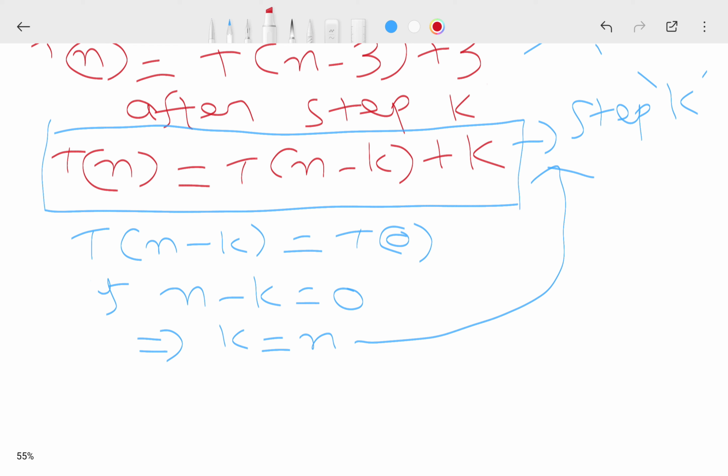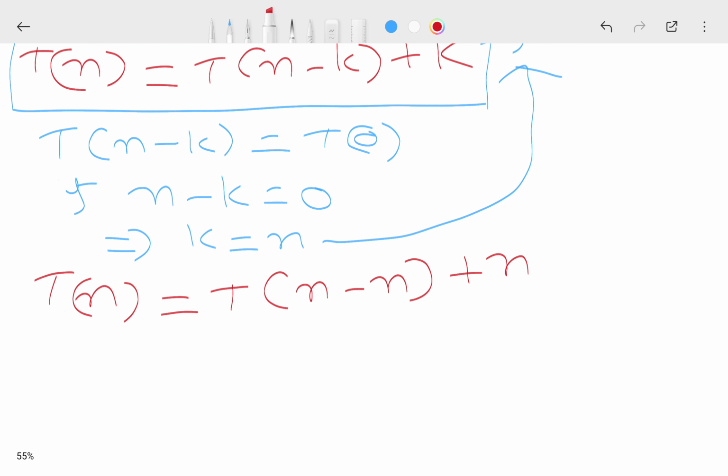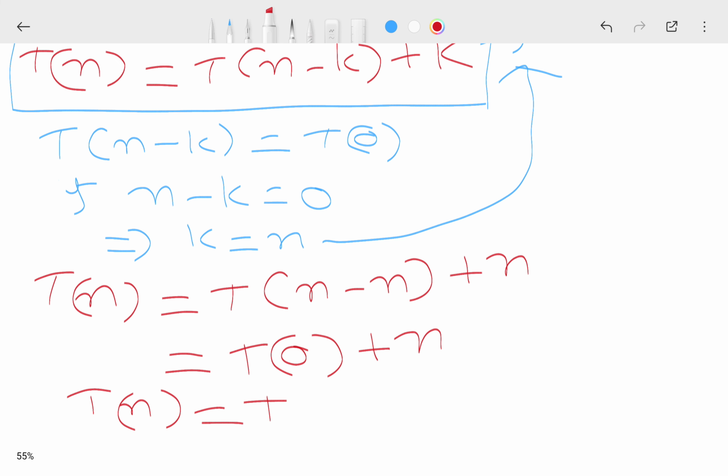So now T(n) equals T(n-n) + n. So it is equal to T(0) + n.